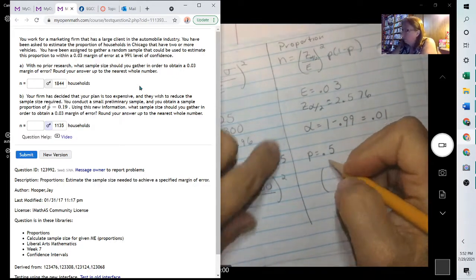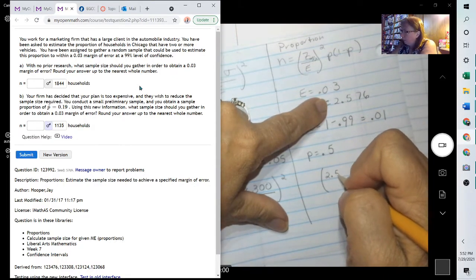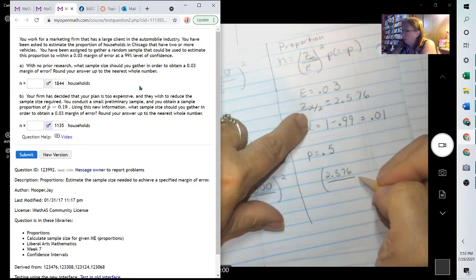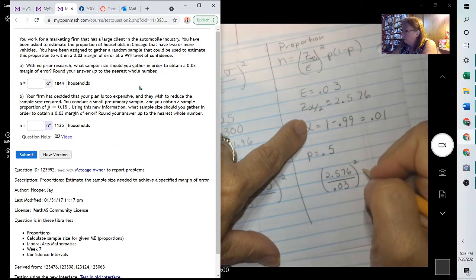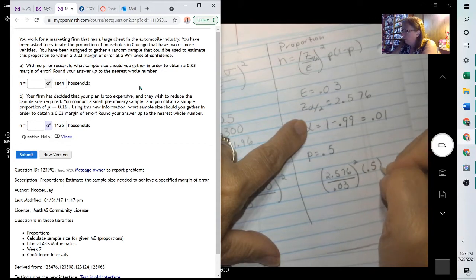So we have 2.576 divided by our error, which is 0.03, squared, times 0.5 times 1 minus 0.5.